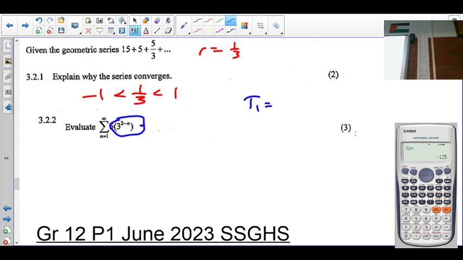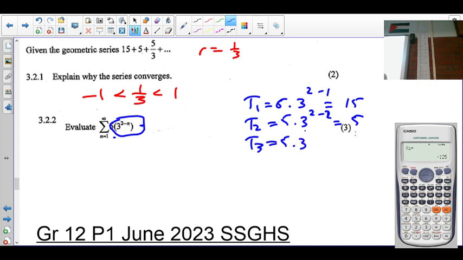So T1 is where n is 1, the starting point is 1. So it's 5 times 3 to the 2 minus 1, which is 15. T2 is going to be 5 times 3 to the 2 minus 2, which is 5. T3 is going to be 5 times 3 to the 2 minus 3, which is 5 over 3. Okay. Again, as I said, if you don't make that link there, then that is what you would have done.